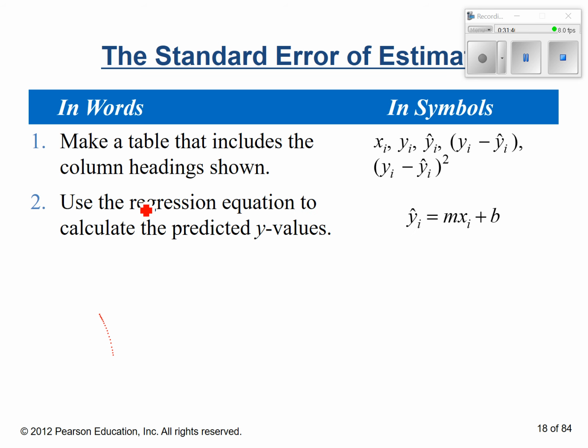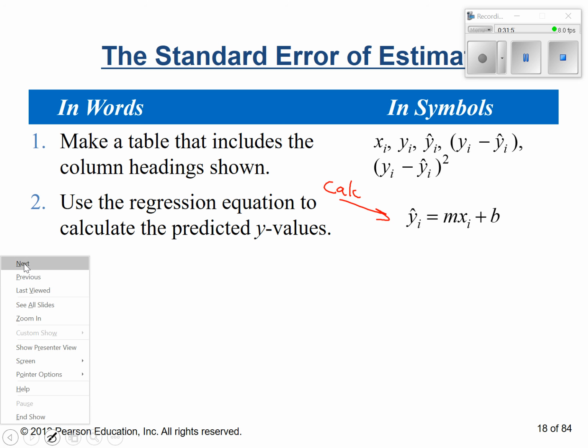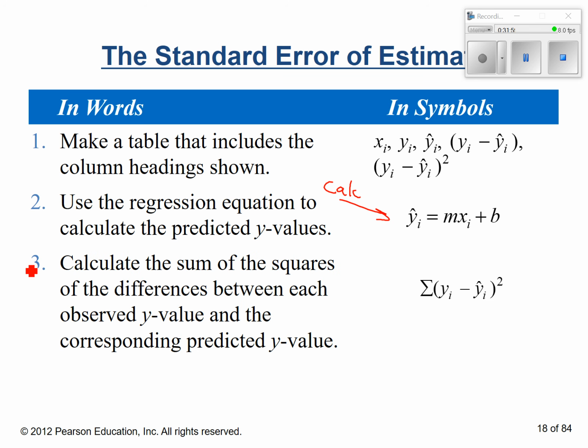So if we're making a table, we have to find all these different things. Use your regression line equation. We're going to have to get this from our calculator by putting the data into the list on our calculator. Calculate the sum of the squares of the differences between each observed value.